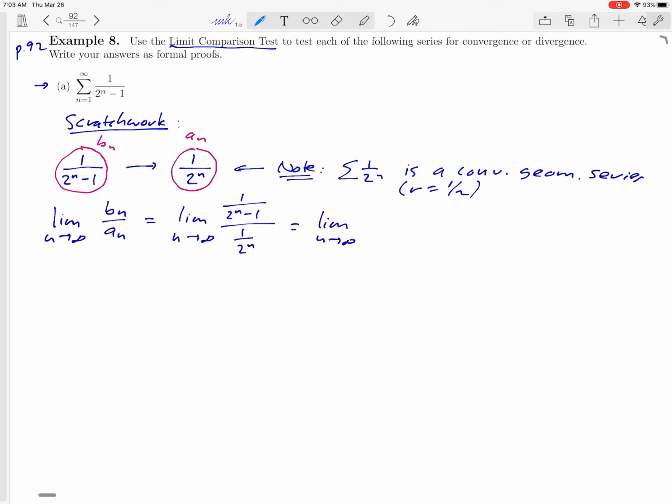Since we're dividing two fractions, we can multiply by the reciprocal, and so this becomes the limit as n goes to infinity of 1 over 2 to the n minus 1 times the reciprocal of 1 over 2 to the n, which is 2 to the n over 1.